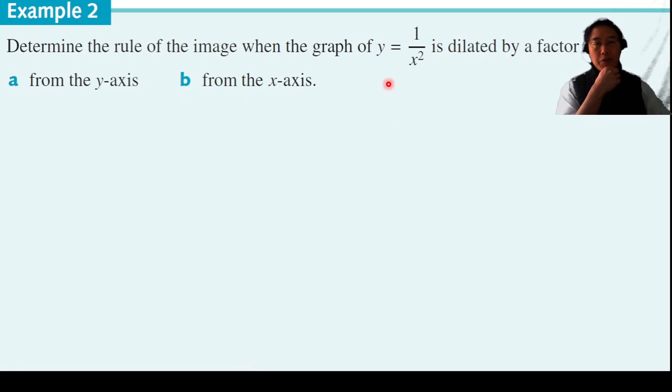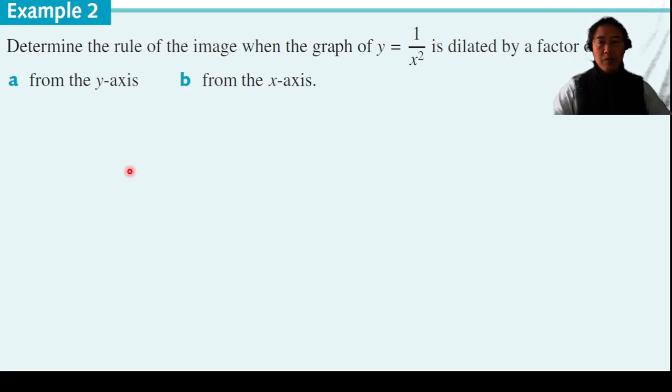Example. So here you have your function. It's a dilation of factor 4. In parts a and b, just be mindful of what axis your dilation will be from, or if you do a reflection, in what axis it will be done. So here you're going to do both. The y-axis is your vertical.